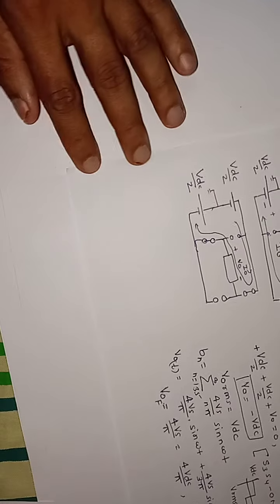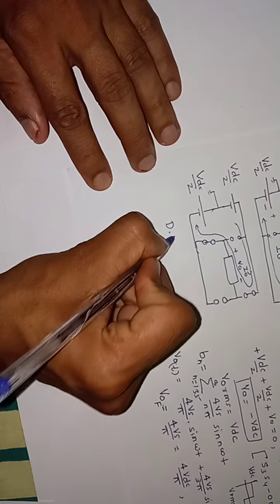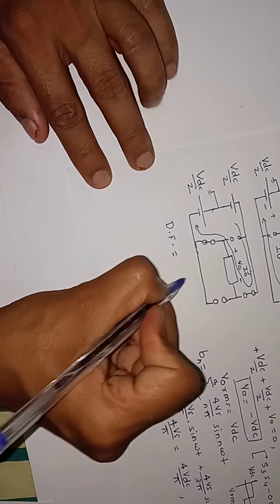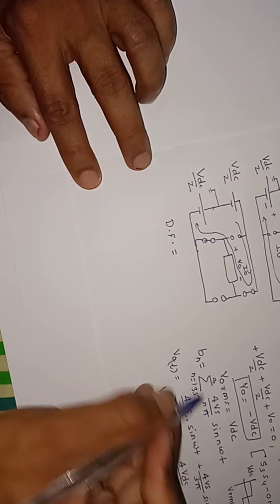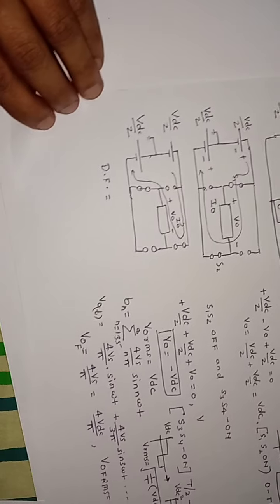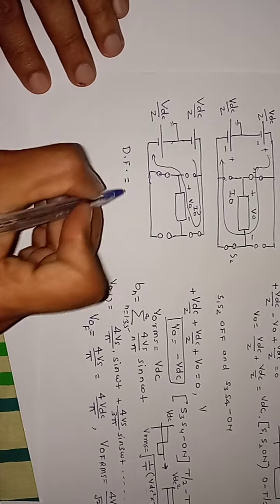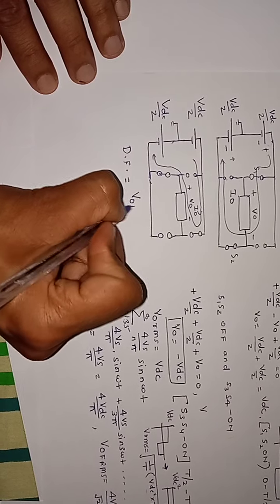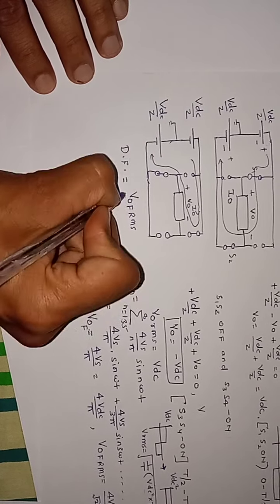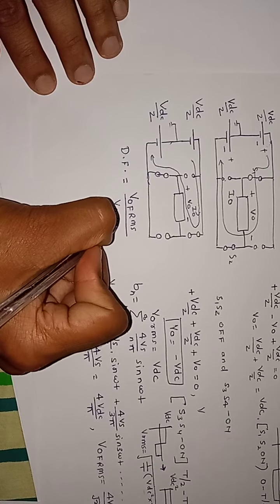Similarly, we can find the distortion factor, which is the fundamental RMS value divided by the whole square waveform RMS value. So distortion factor will be equal to VOF RMS divided by VO RMS.